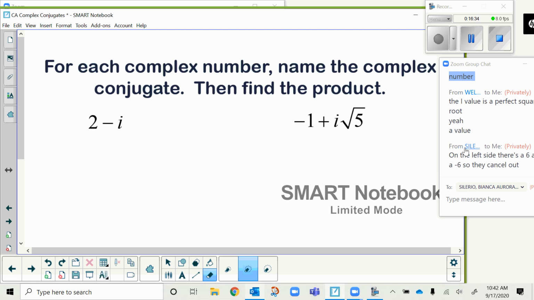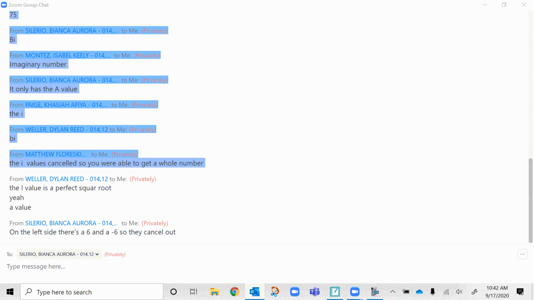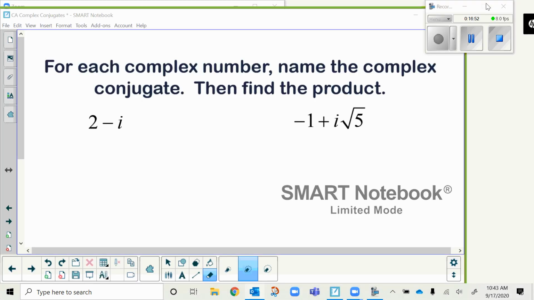I want you to just write down the complex conjugates for each of those. You don't have to do any multiplying yet, just write down what you think it is and raise your hand as you finish. You don't have to keep your hand up. I'm looking at you. I just want to see.